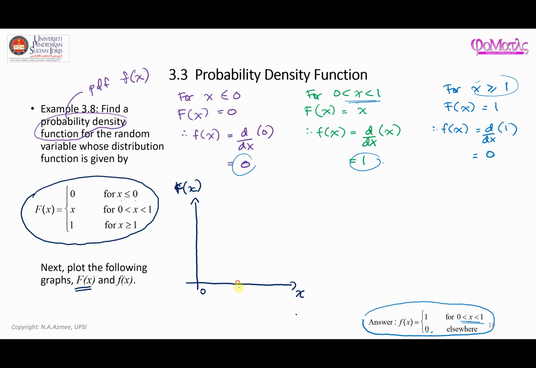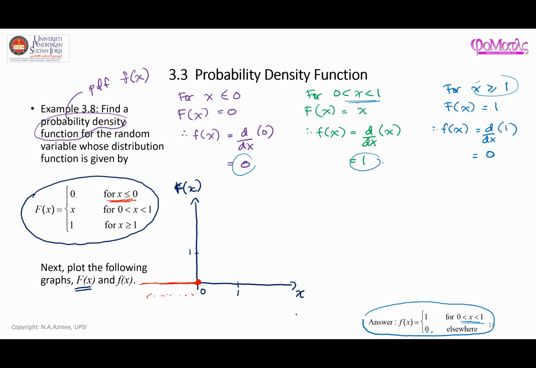So this is 0, and this is 1. Now this part here is going to be 0 for x less than or equal to 0. Therefore 0 is included, so I'm going to use the full circle and go in this direction, for x being 0 and less than that.